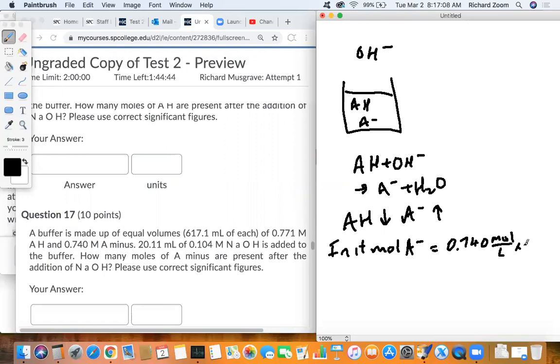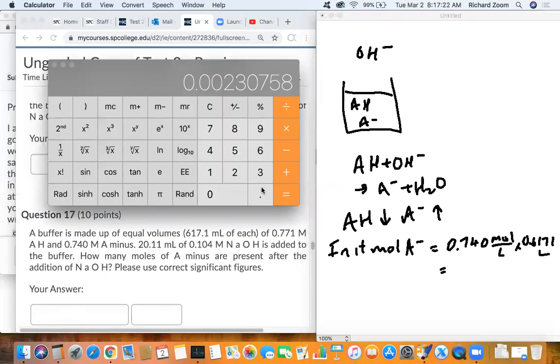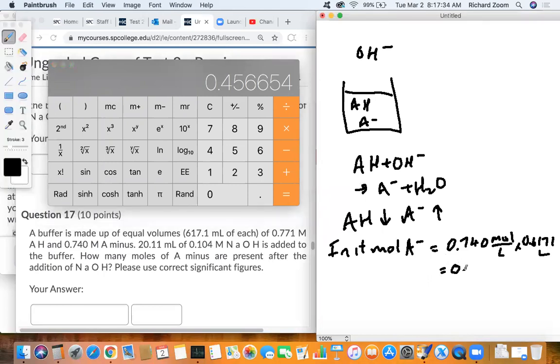And that's times 0.6171 liters. And that's going to be 0.457 moles.